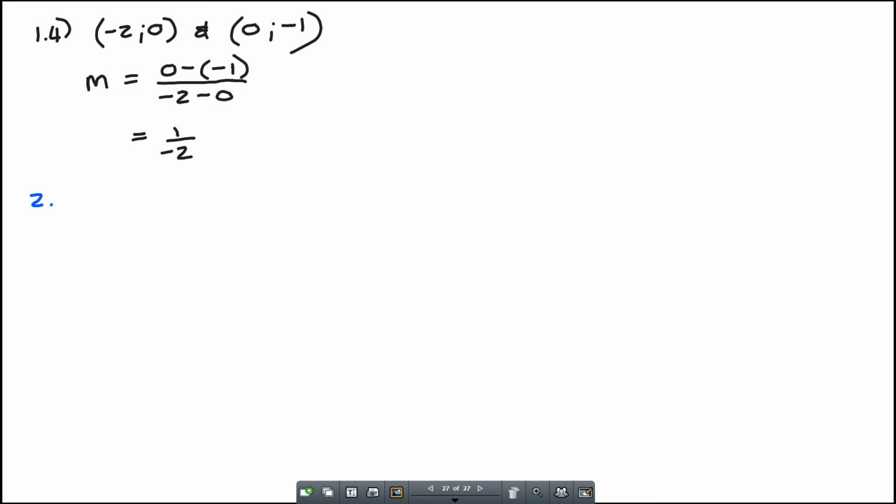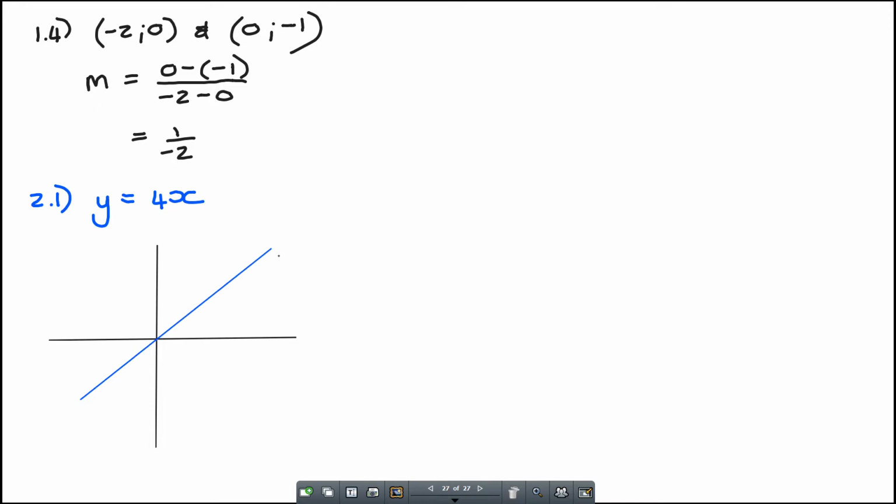Then 2.1. They ask me to draw rough sketches of the following. So it's going to look like so.